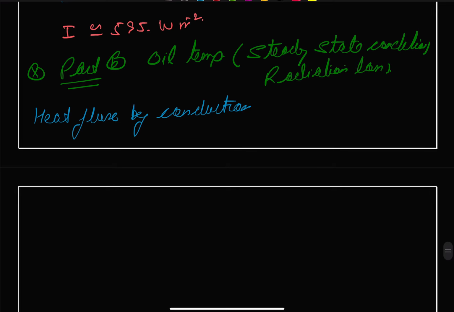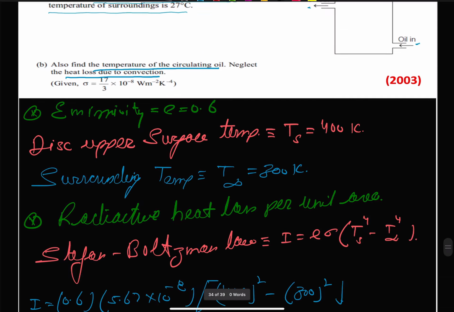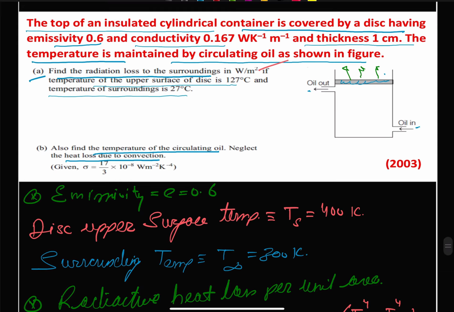So the heat flux by conduction through the disk per unit area, let us call this Q conduction, is equal to K times the temperature of oil minus the temperature of the upper surface, divided by L. Here L is the thickness of the disk, which is given to us as 1 centimeter.